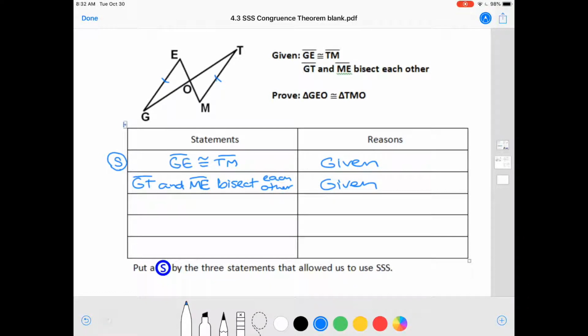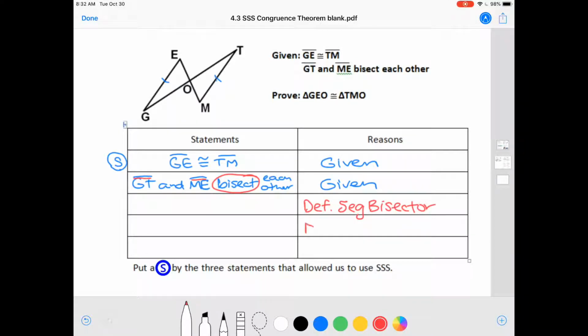All right, so we have 1 set of sides. Did you see the word bisect? Whenever you have a given with a vocab word, you're going to wind up using the definition of that bisector. It looks like it's a segment bisector, right? Okay, and they bisect each other.